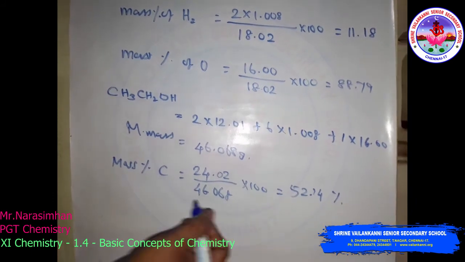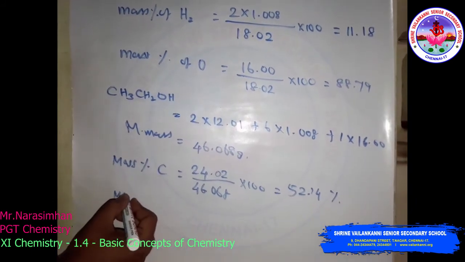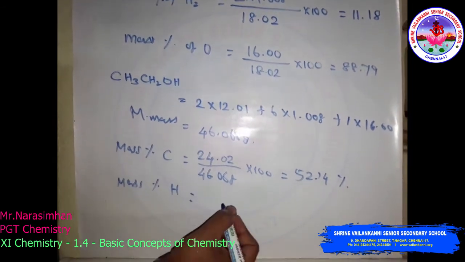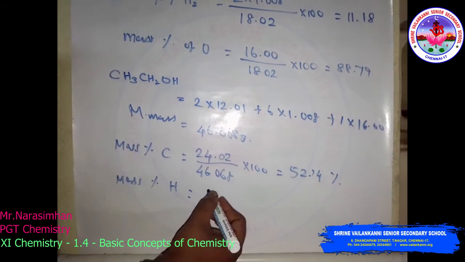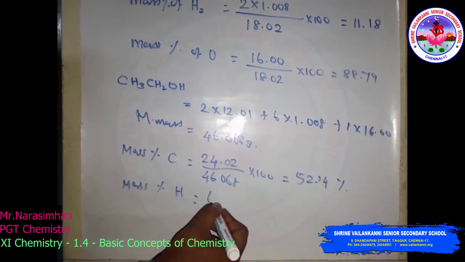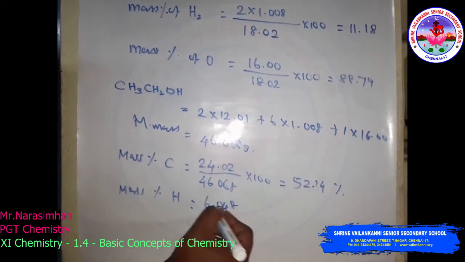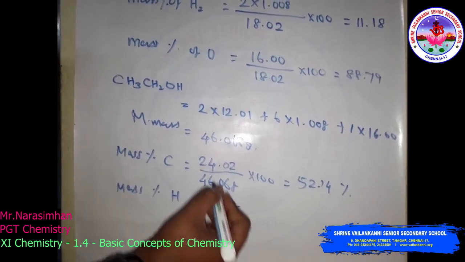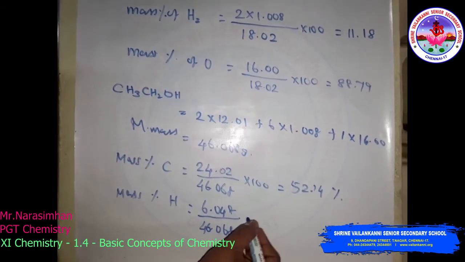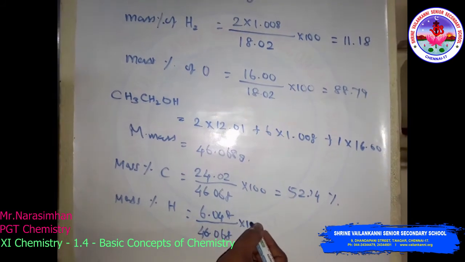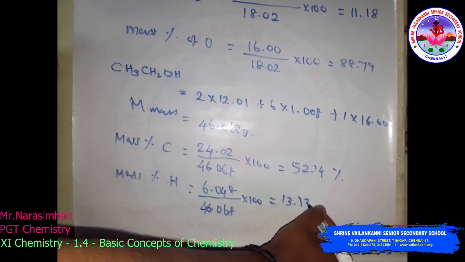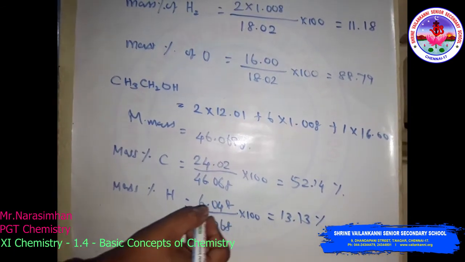Then mass percentage of hydrogen. There are 6 hydrogen atoms, so 6 into 1.008 becomes 6.048, divided by the molar mass of 46.068, into 100. You will be getting 13.13 percent of hydrogen.